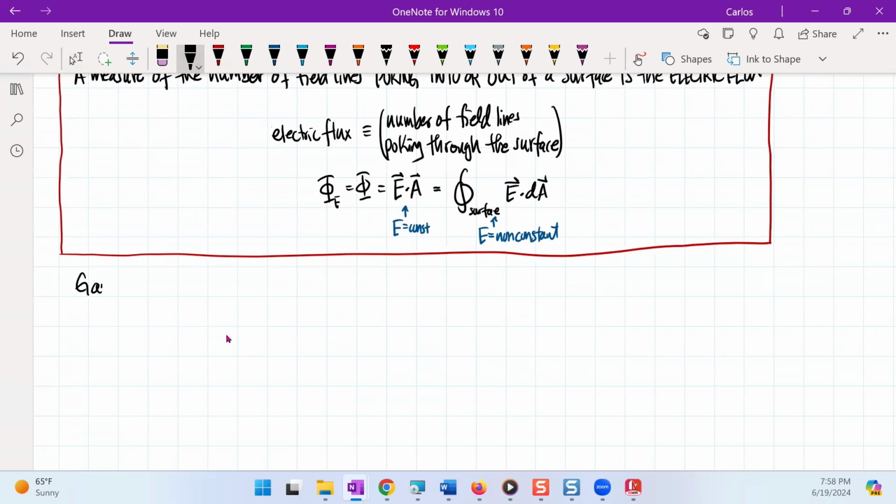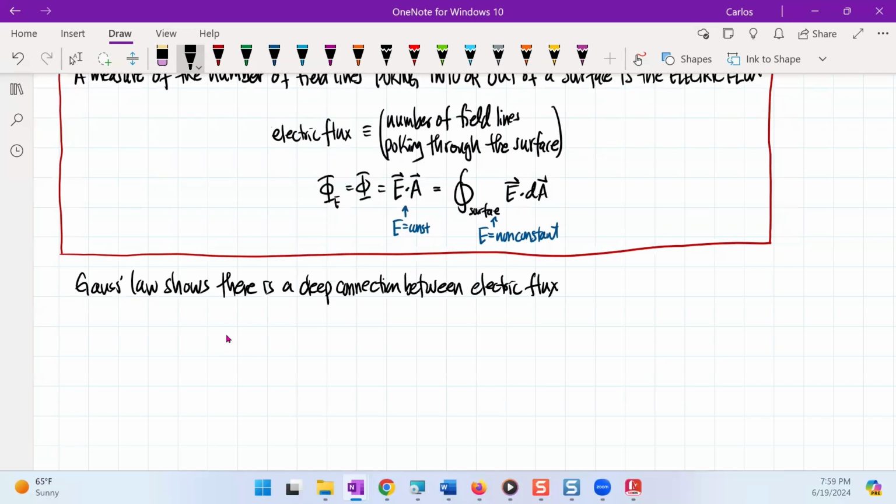Gauss's law shows there is a deep connection between electric flux and charge.